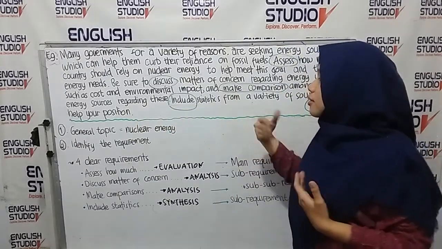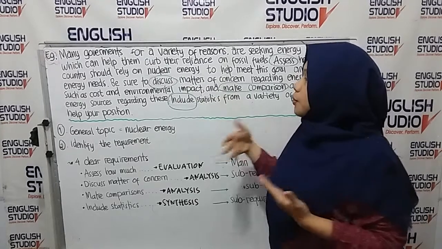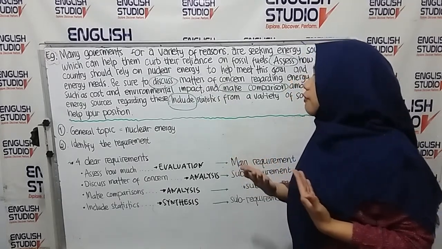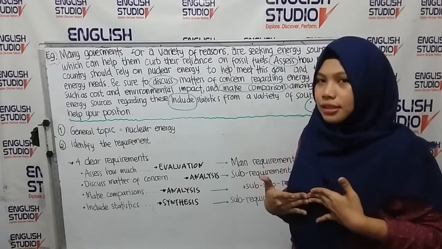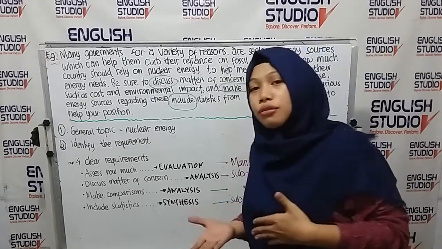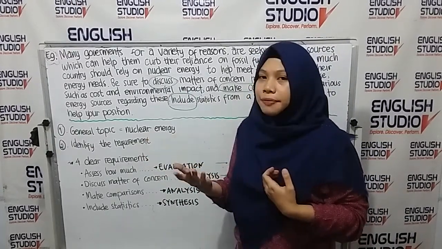The last part includes statistics from various sources to support the position, the opinion, the judgment, the evaluation of the writer about nuclear energy. Because we are talking about nuclear energy in general, the general topic is nuclear energy.